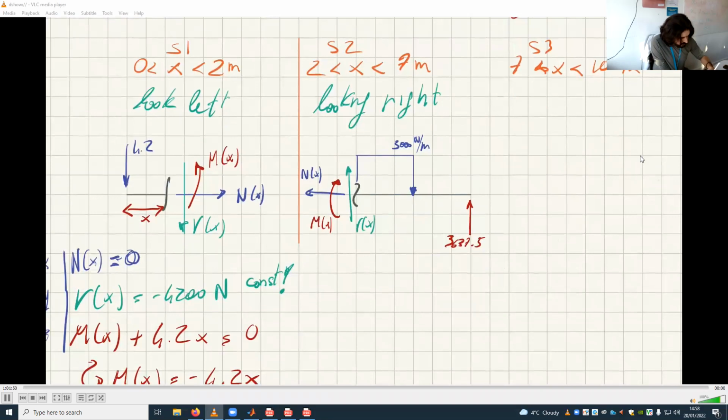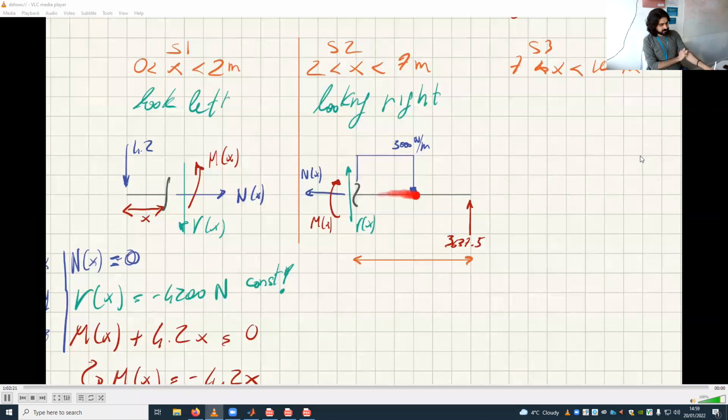Now, the important thing I want to show you is, what is this distance? How much is this? This x? No, because x is the distance from the start of the beam to the cut. So this is x, because it's from the start of the beam to the cut.